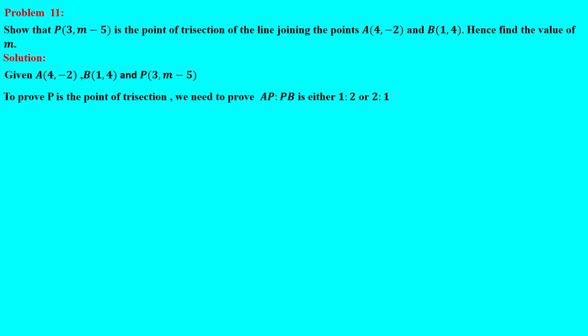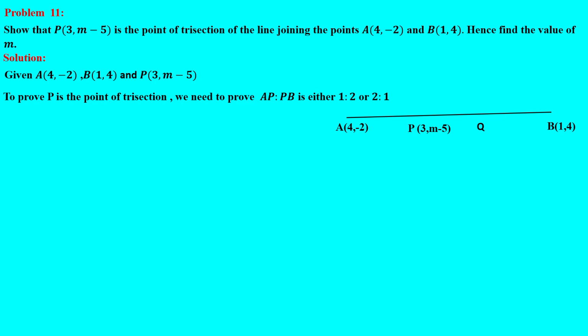AB is the line, then there are 2 points on that line, P and Q, such that the distance AP, the distance PQ, the distance QB are all equal. Then P and Q are called points of trisection. Both are called points of trisection, so divided into 3 parts, that is why trisection.